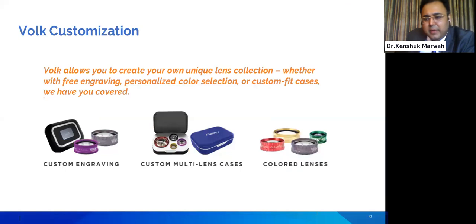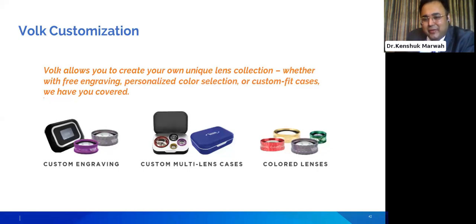And coming to the Volk customization, now we have custom engraving. So I just want to share a very interesting thing from my residency. Only those black lenses were there, so we used to always mix up the lenses. But with the color specific coding, now you have all those beautiful colors.